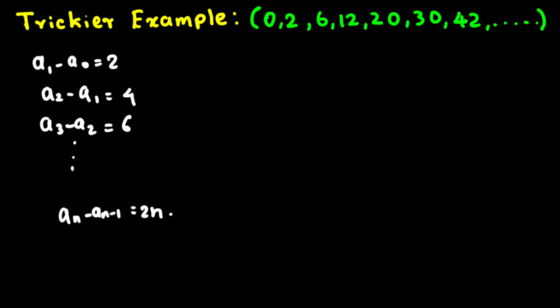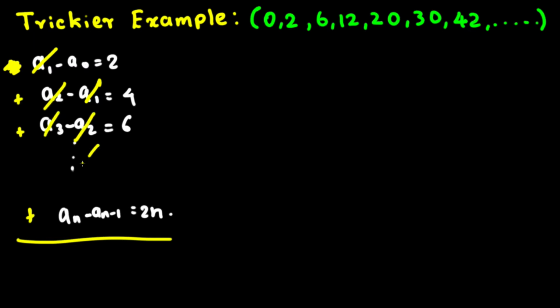So here what we are going to do is add all of them together and see the final result. When you add these together, a_1 cancels, then a_2 cancels, the next one cancels with a_3, and it will go like that, and finally you will also cancel a_(n-1).